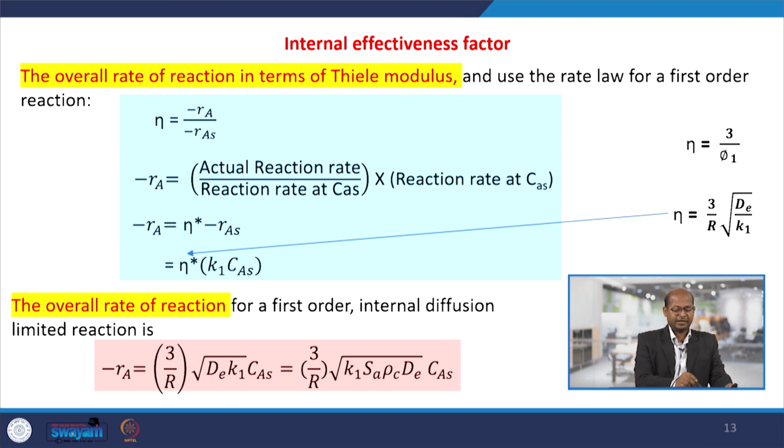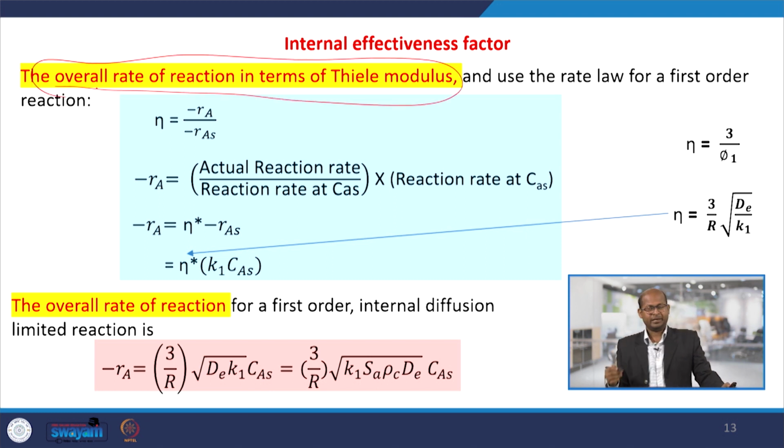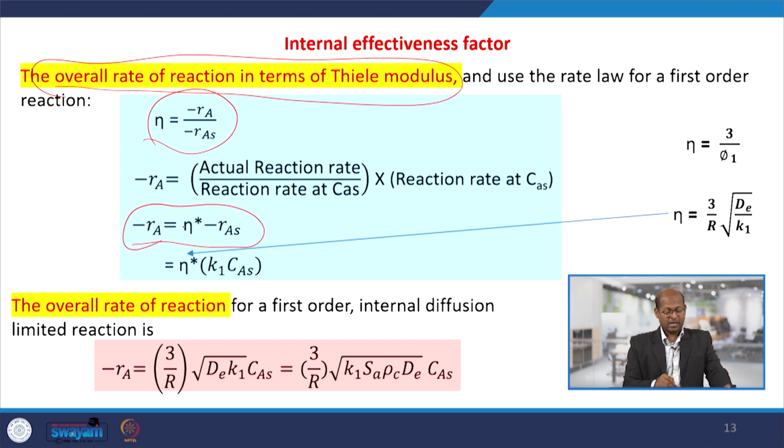Now, the overall rate of the reactions in terms of the Thiele modulus, that we have already discussed. Here the effectiveness factor we can express as minus R A by minus R A S. So minus R A, the actual rate of the reaction, equals effectiveness factor times minus R A S, so eta into K 1 C S. Now, eta we can substitute here.